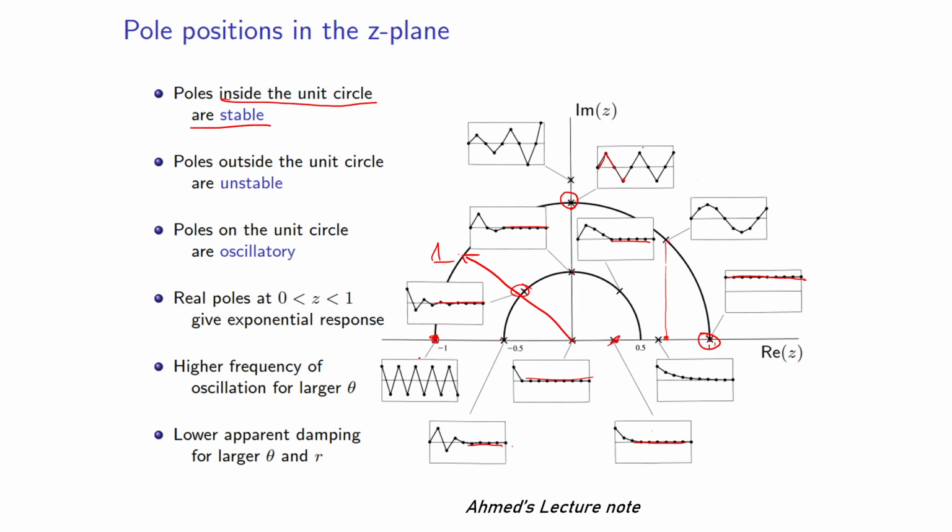Do we have negative values? If r is negative, let's say r is -1, then -1 to the k can be -1, 1, -1, 1, right? So this means 1 and minus 1 and it changes all the time.